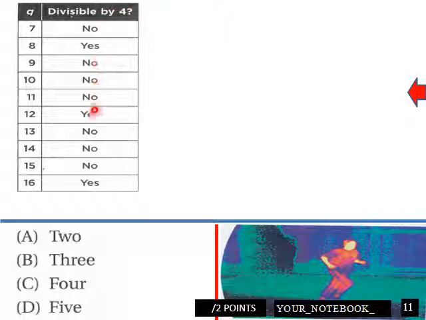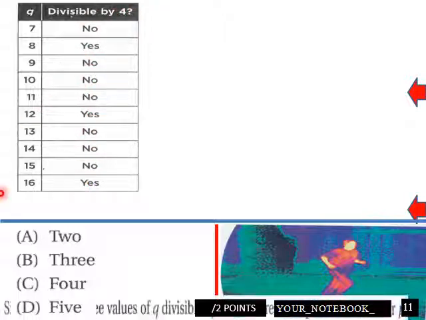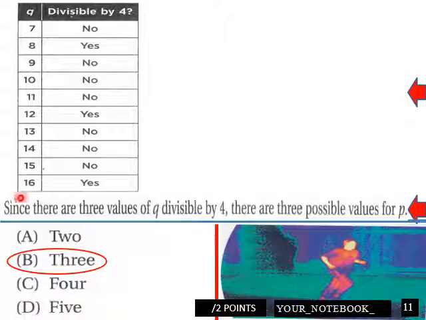Divisible by 4. Then we have our list here of yes, no, yes: 8, 12, and 16. Since there are 3 values of q divisible by 4, there are 3 possible values of p. That would be one way that you could do it, by making a table here.